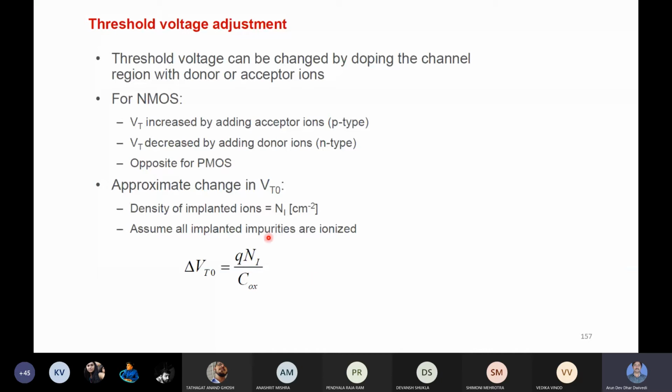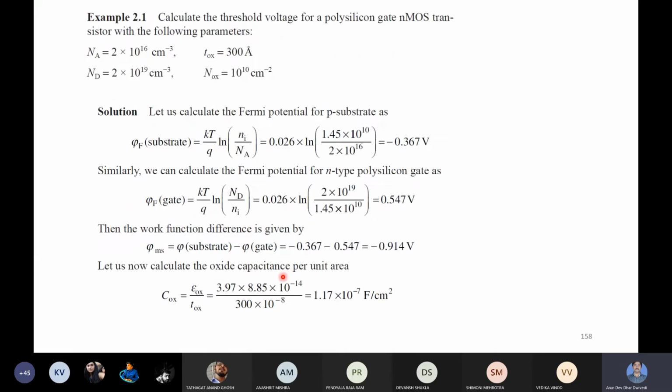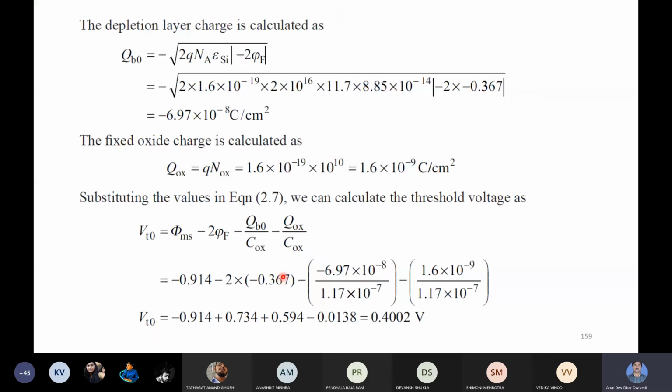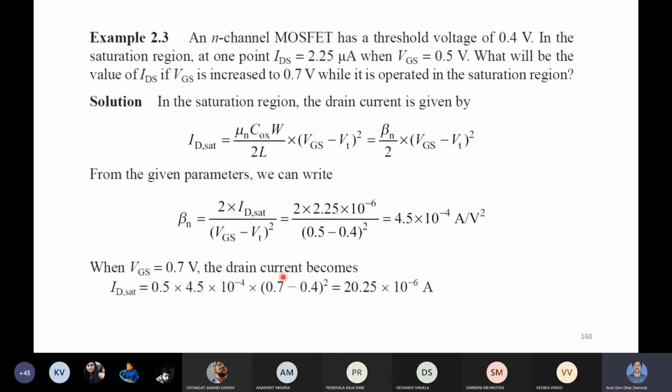Sometimes if the design is done without any ion implantation, then for an n channel the threshold voltage may not be positive, but you want to make it positive. So some threshold voltage adjustment is required, for which ion implantation is done. Ion implantation may be either n type or p type. So this type of adjustment is done.